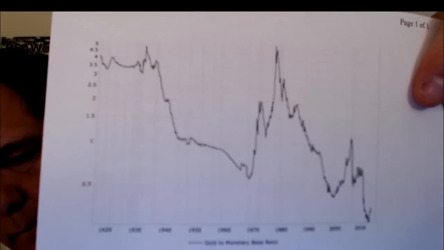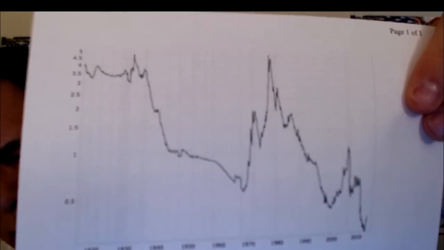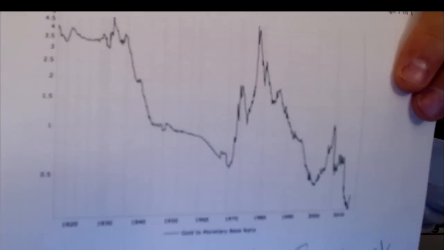And it's cheaper than gold was in 2000, 2001 when it hit $256 an ounce versus the monetary base. In other words, they've flooded the system with dollars. They've diluted the dollar to the point where $1,340 is actually a grossly undervalued number versus the price of gold in the monetary base.